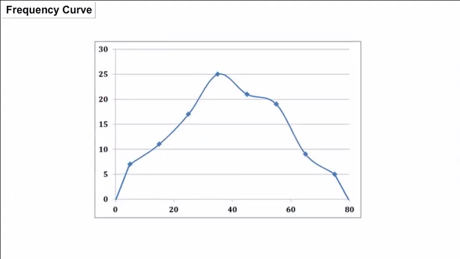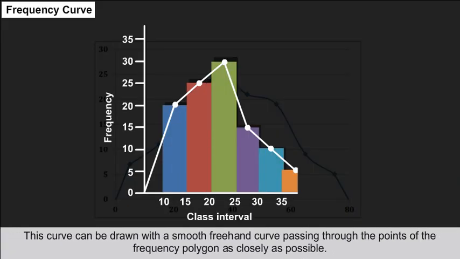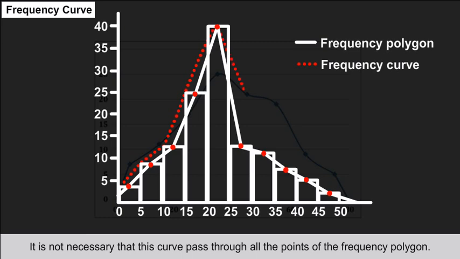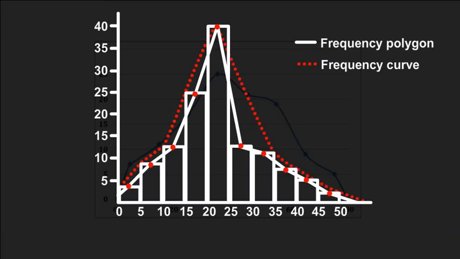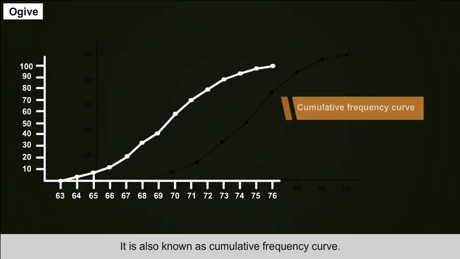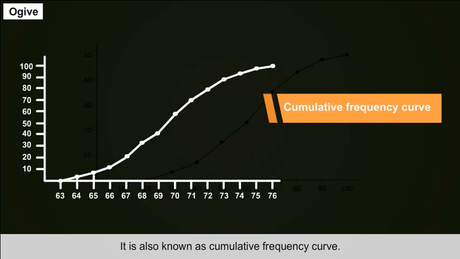Frequency curve. This curve can be drawn with a smooth freehand curve passing through the points of the frequency polygon as closely as possible. It is not necessary that this curve pass through all the points of the frequency polygon. Ogive. It is also known as cumulative frequency curve.